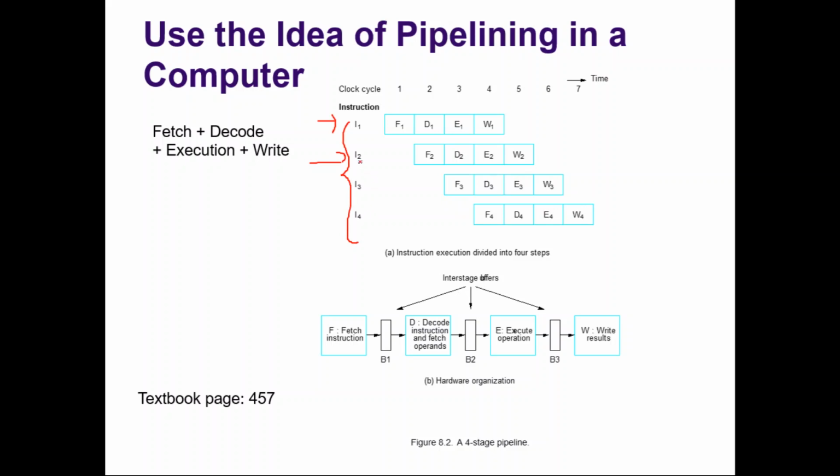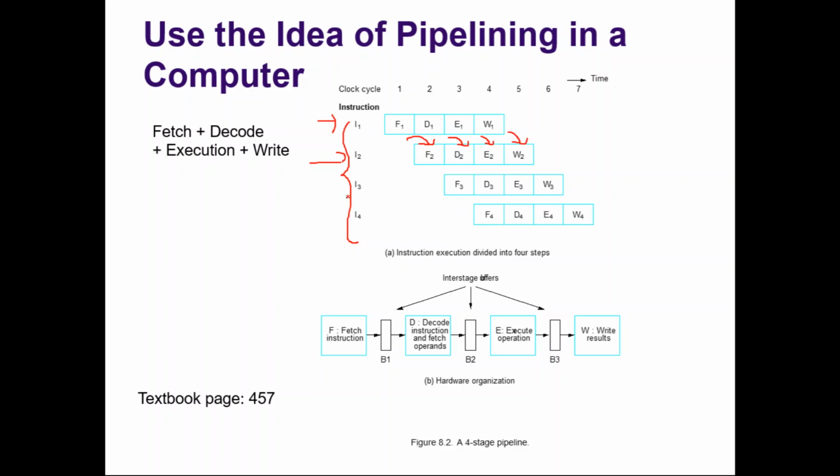Instruction 2 cannot be fetched during the first clock cycle because the first clock cycle is being occupied for fetching the first instruction. So the fetch unit is not free during that time, but at the second clock cycle the fetch unit is free. So instruction 2 will be fetched at second clock cycle, decoded at third, executed at fourth, and the output will be returned at fifth clock cycle.